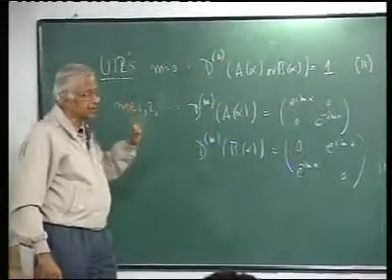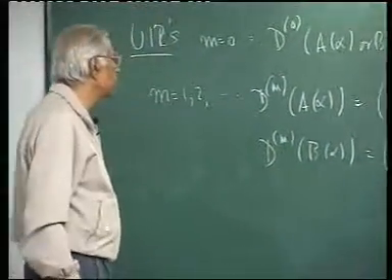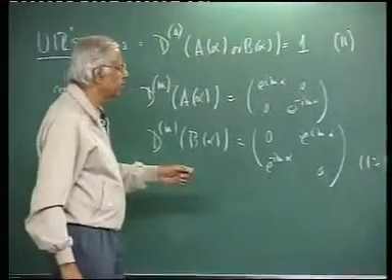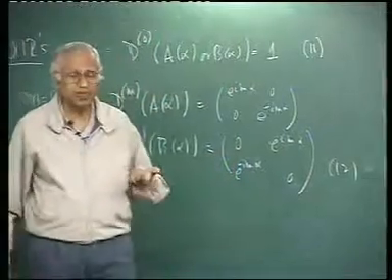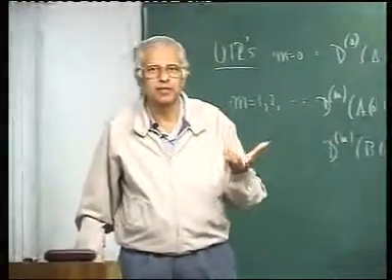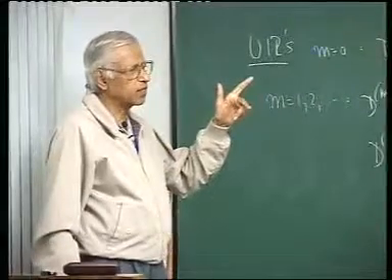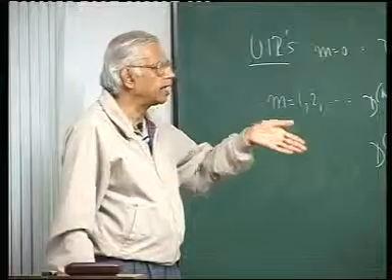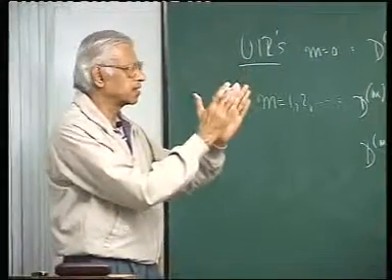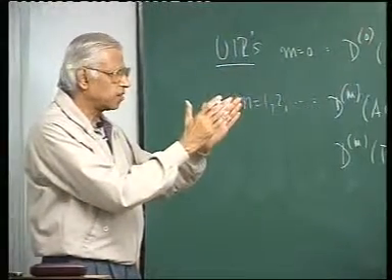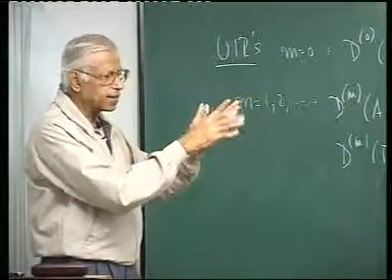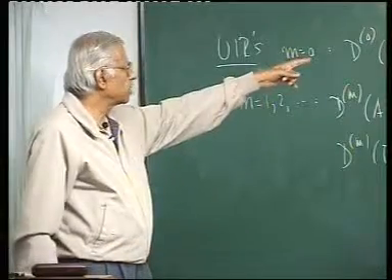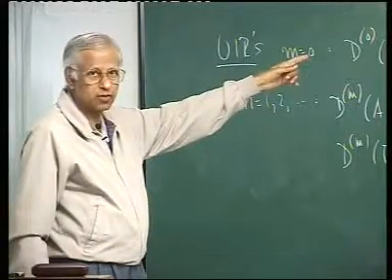So I will leave it as an exercise for you to do the following. Define the space of all square integrable functions on the group O2. What will it mean? Two functions of an angle running from 0 to 2 pi, f1 of alpha and f2 of alpha, a pair of functions, each defined over the circle and finite norm, etc. That will be the space of the regular representation of O2.